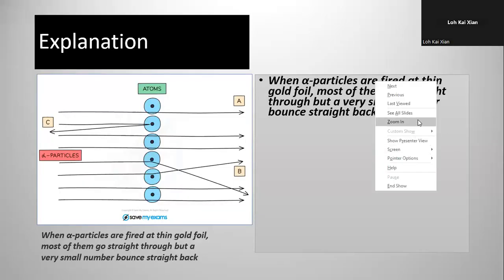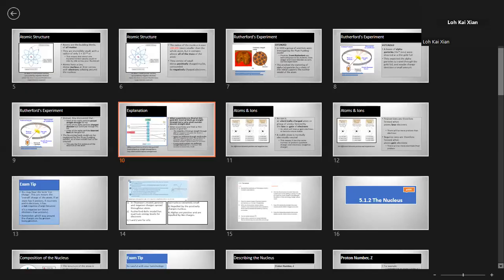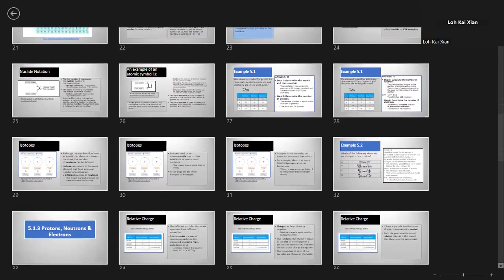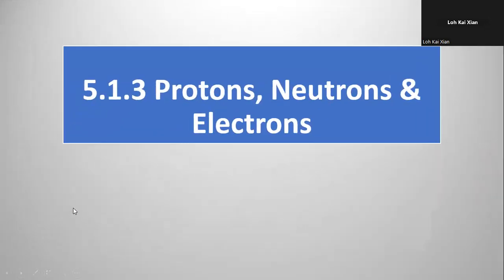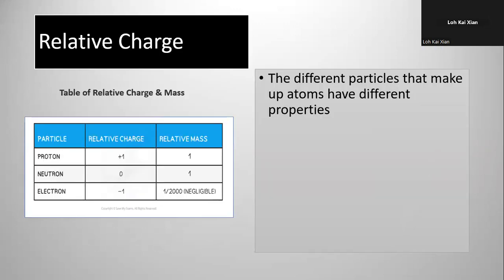What is happening? Proton, neutron, and electron. Table of relative charge and mass. Relative charge for proton is +1.